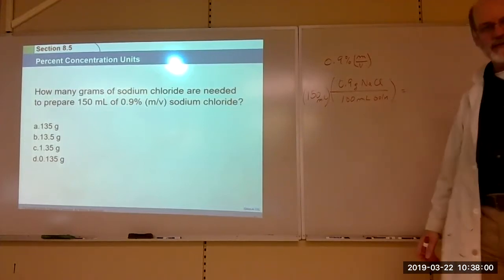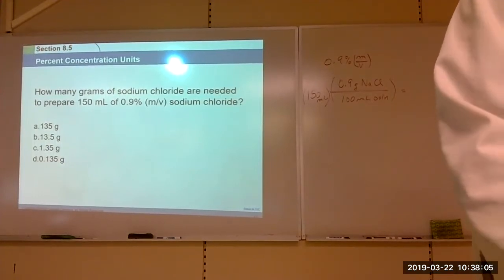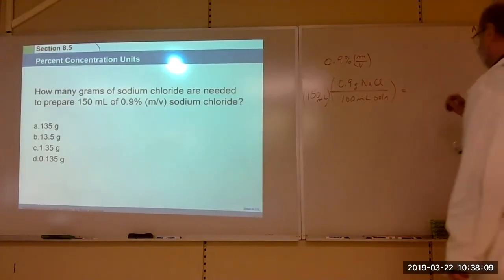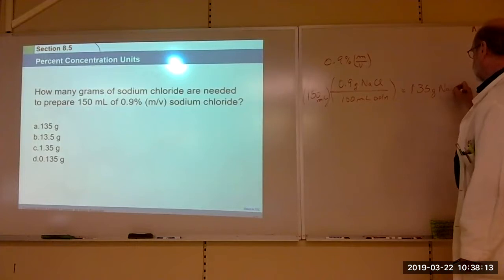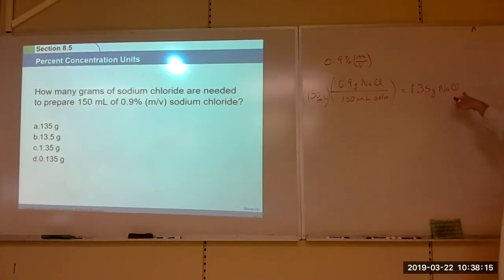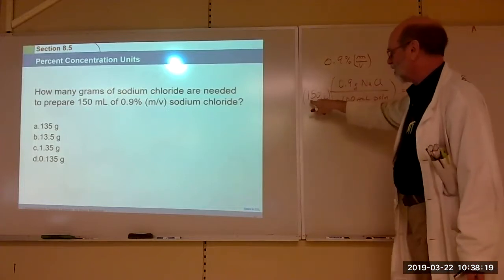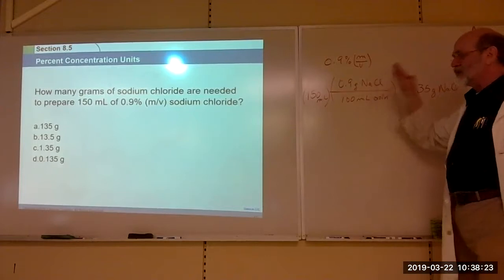Right, whatever that happens to be. 150 times 0.9. 135. So that's what you need, 135 grams of sodium chloride in a final volume of 150 milliliters. Gives you that concentration.